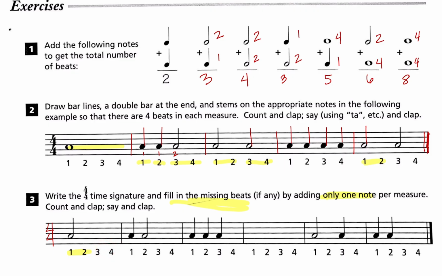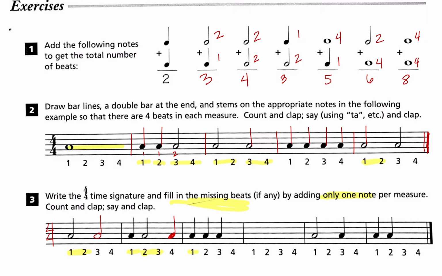And so we need to draw another half note starting on beat 3. In the next measure, we have the quarter note gets 1 beat, and then the half note gets the next 2 beats. And we have 1 beat remaining, so we're going to draw a quarter note on beat 4.